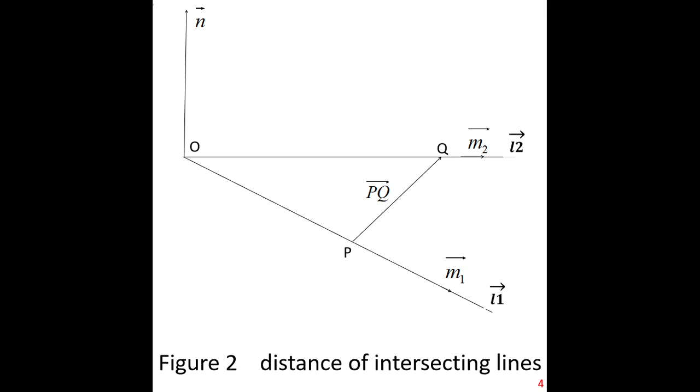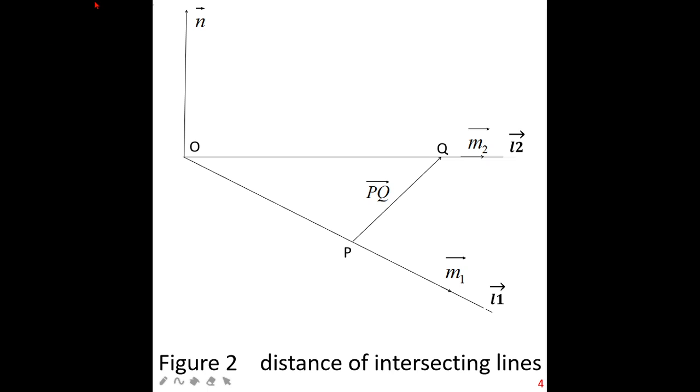The first question, may formula 1 be used for intersecting lines? In this figure 2, lines L1 and L2 intersect at a point O. The other letters and the symbols have the same meaning as in figure 1.